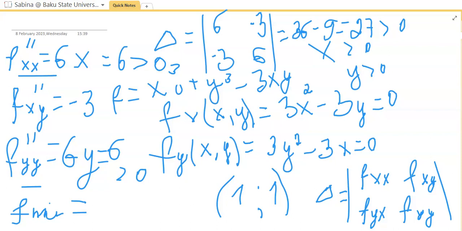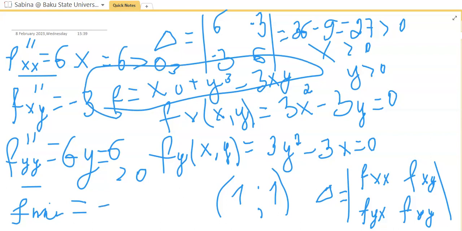Let's write our stationary point (1, 1) in our original equation. Then we get that 1 plus 1 minus 3, and that is negative 1.